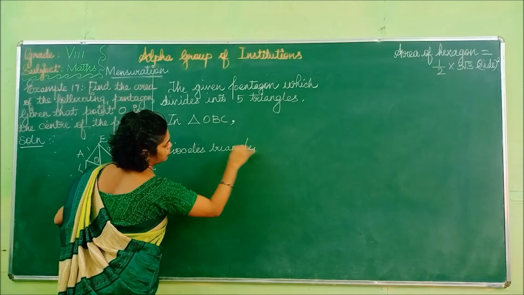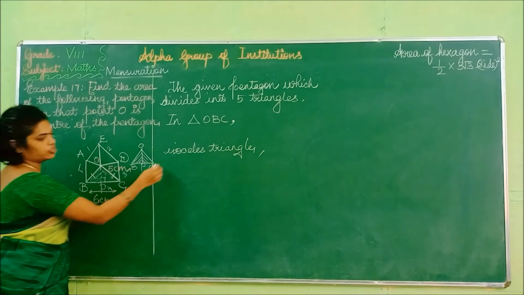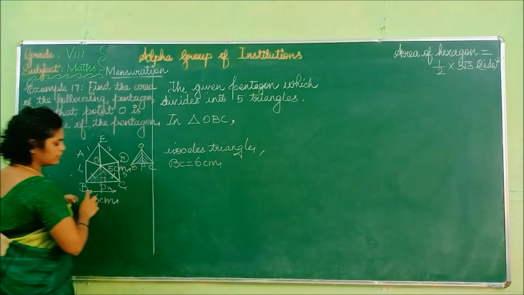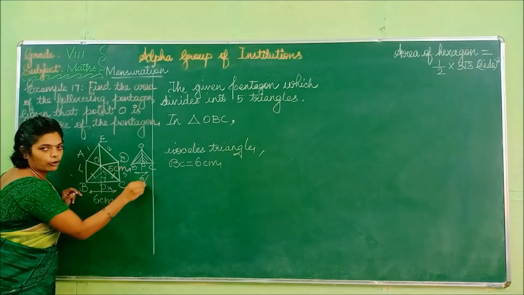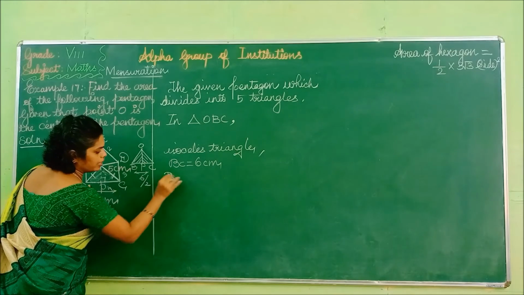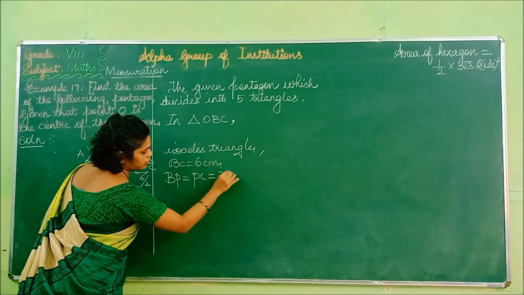What is the value given in the figure? BC is equal to 6 centimeter. So it will be cut into equal portions. 6 by 2 is 3, so BP is equal to PC, which is 3 centimeter.